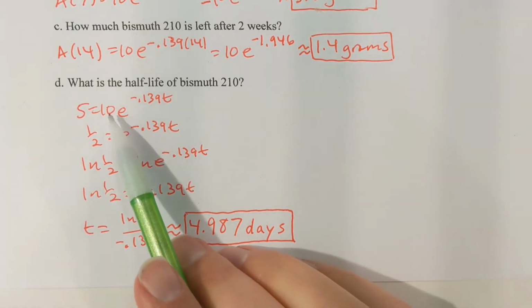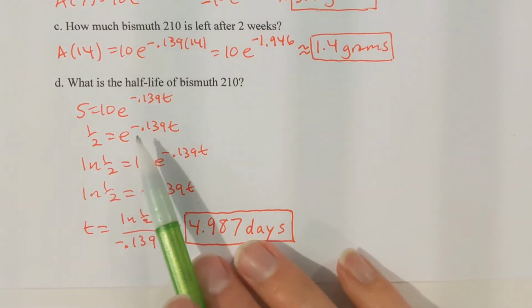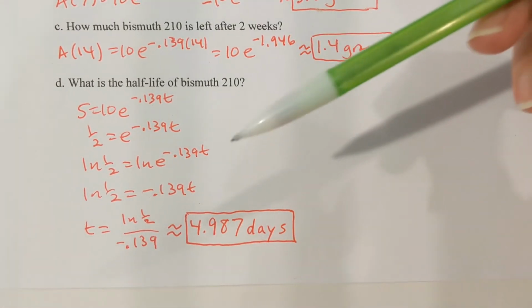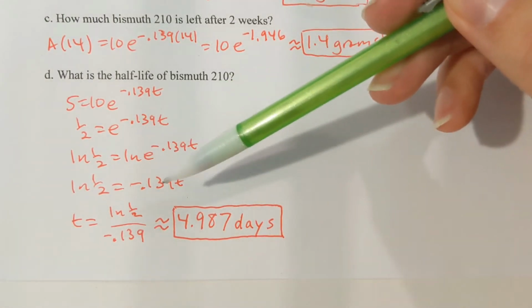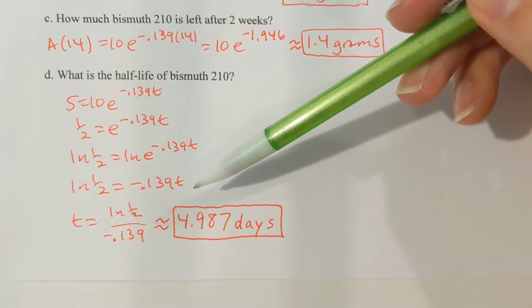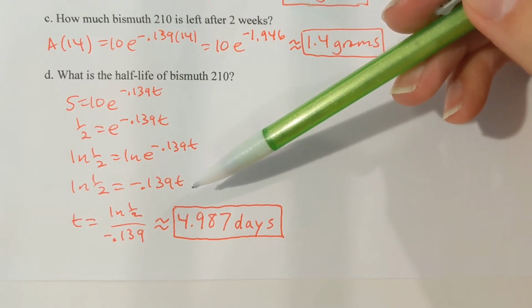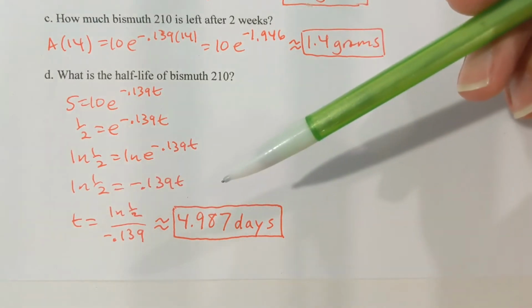Let's do that now. So divide by 10. 5 over 10 is 1/2. The bases are not going to match here, so you'll want to take the ln of both sides, and that allows you to pull the power in front of the logarithm on the right. So on the right, you're going to have negative 0.139t times the ln of e. The ln of e is 1. Divide by negative 0.139, that way t is all alone.